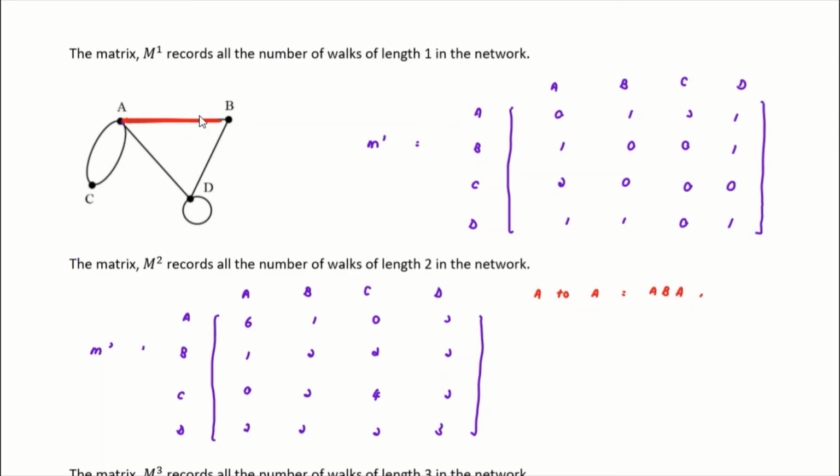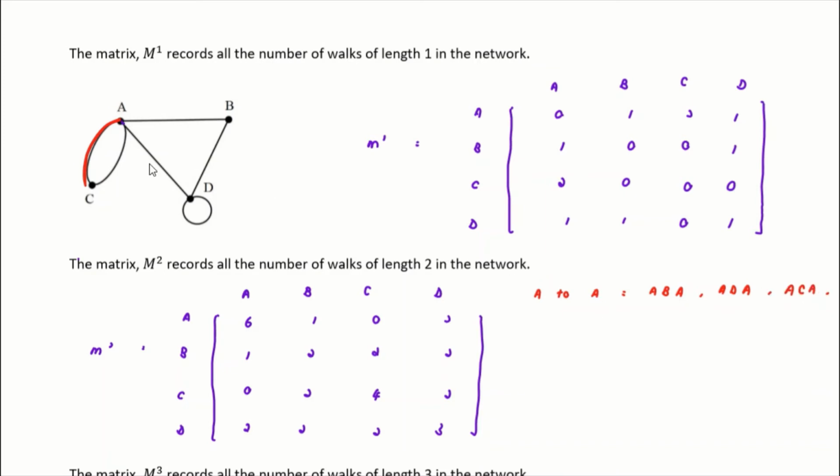Now we move on. How about AD, then go back again? So that's ADA. I think there's nothing else here, so let's check for C. You see A, C, then go back to A. So we have ACA.